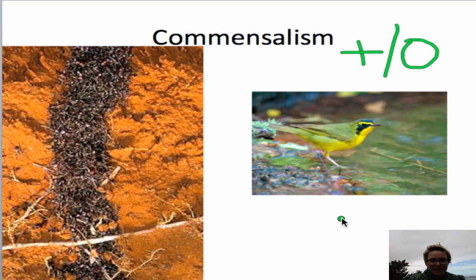This is a Kentucky warbler following the army ant raids. What they're doing is reaping the benefits of the army ants stirring up all of those insects, and they're coming through and munching on all the insects that are fleeing from their homes. So the birds benefit, and the ants are really unaffected by the bird grabbing all those insects.